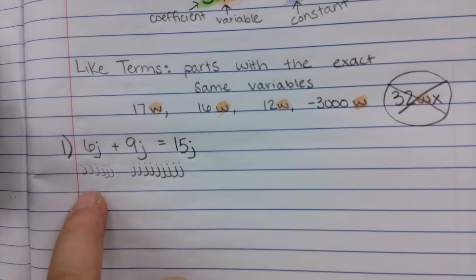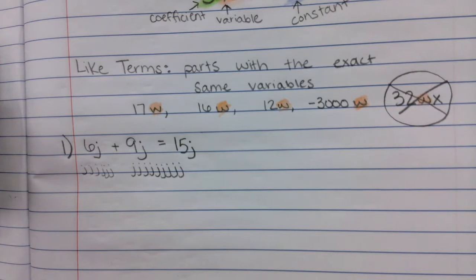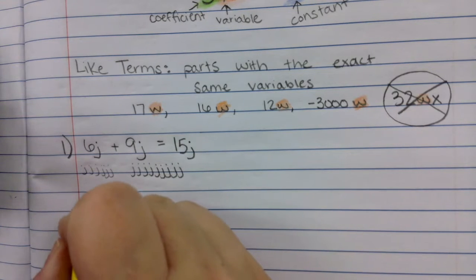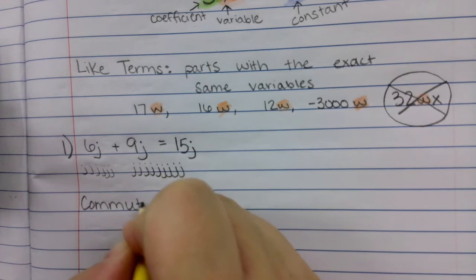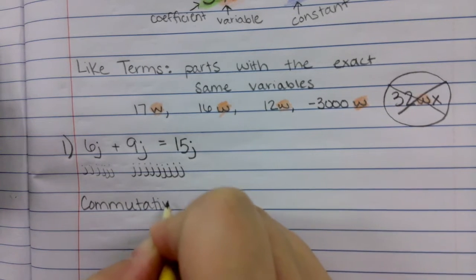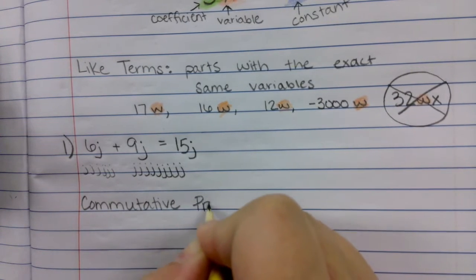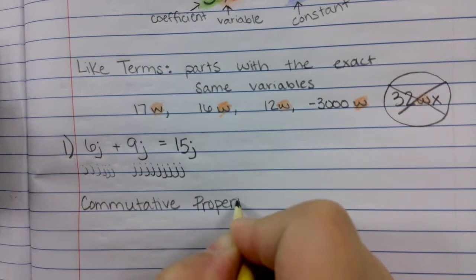All right, next up, we got a property called the commutative property.